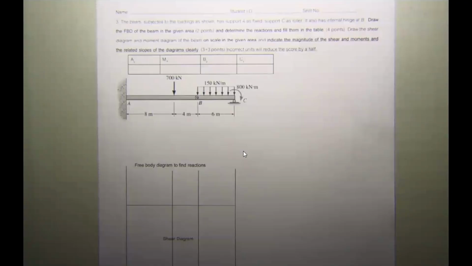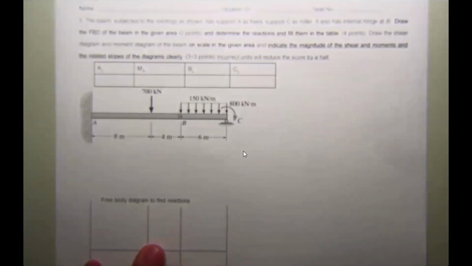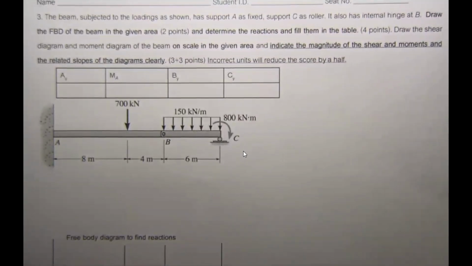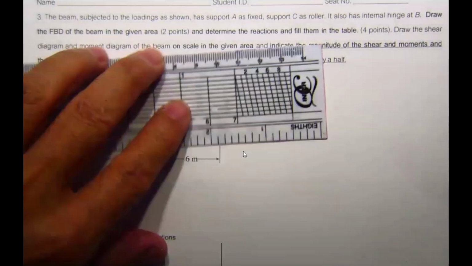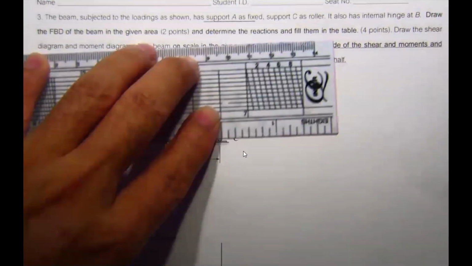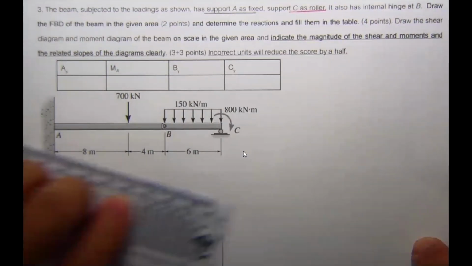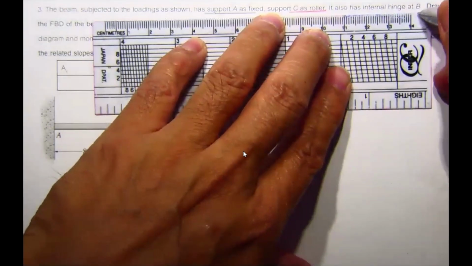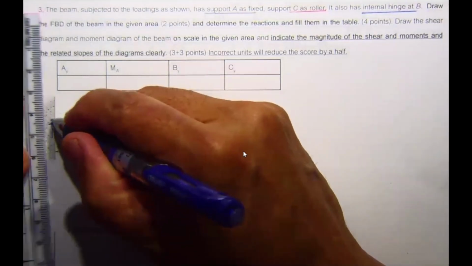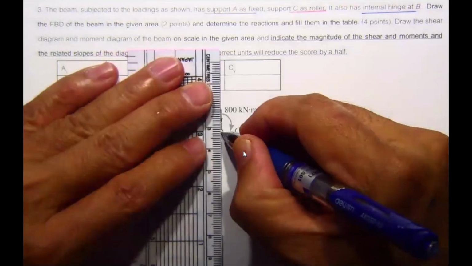Let us take a look at this extra example. It's going to be one of our 2 extra examples. We have the beam, okay? If you consider this beam, it has a fixed support at A and a roller at C, and also has an internal hinge at point B. If you consider the whole beam together, you will have the reactions 1, 2, 3, and then 4.